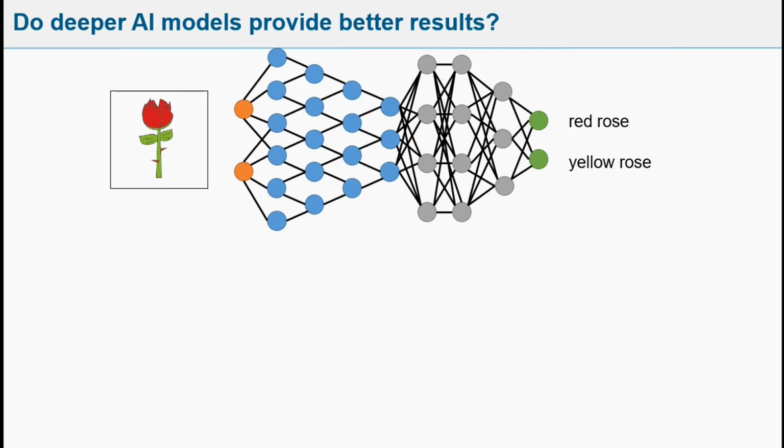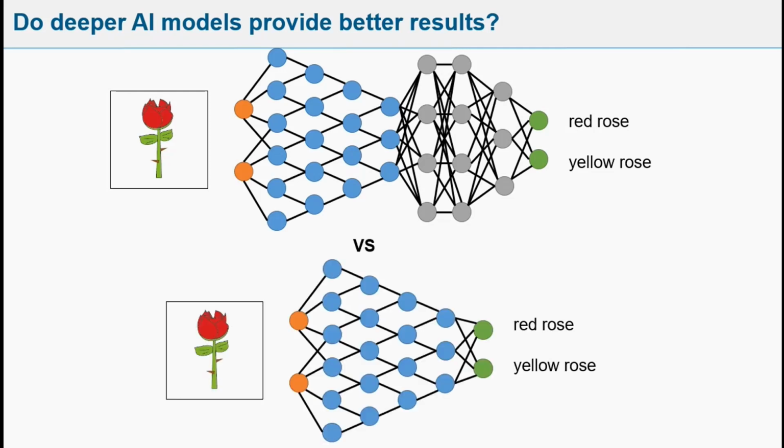So is it really necessary to have such a deep network to detect whether the rose is red or yellow? Or is this network a good choice? Usually you have both architectures available, you have a high performance computing grid, you compute both networks, and then you have your metrics and evaluate them.